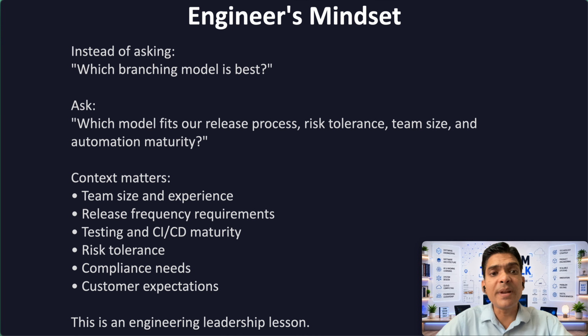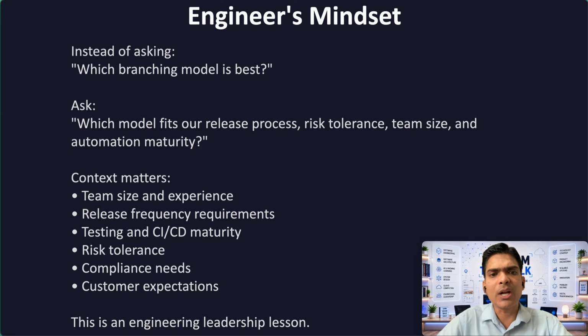And this brings us to an important engineering mindset. Instead of asking which branching model is best, ask which model fits our release process, risk tolerance, team size, and automation maturity. Context matters. Team size and experience: large teams may need more structure.